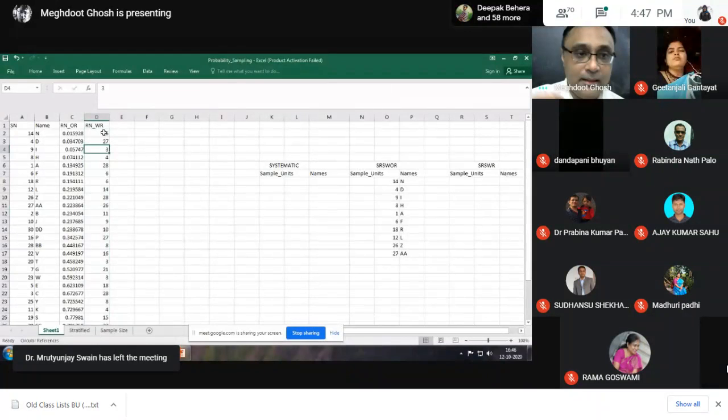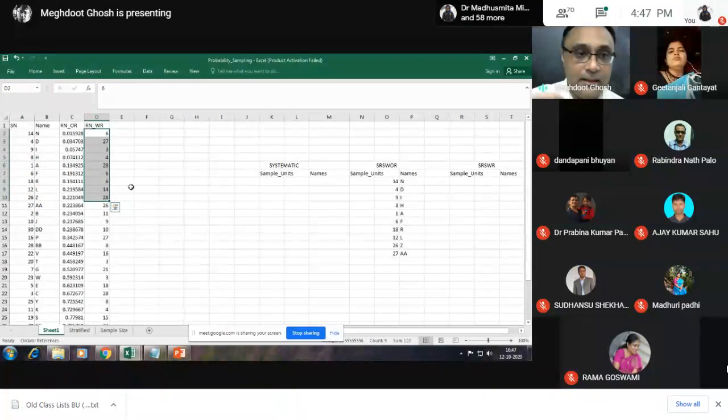select 10 respondents. Okay, you see, here I will not select the respondents from the serial number, rather I will select the respondents from the random number, because it will make no difference. You can select it from the serial number, you can also select it from the random number, because the serial number is also randomized, the random number column is also randomized, so it will make no difference.